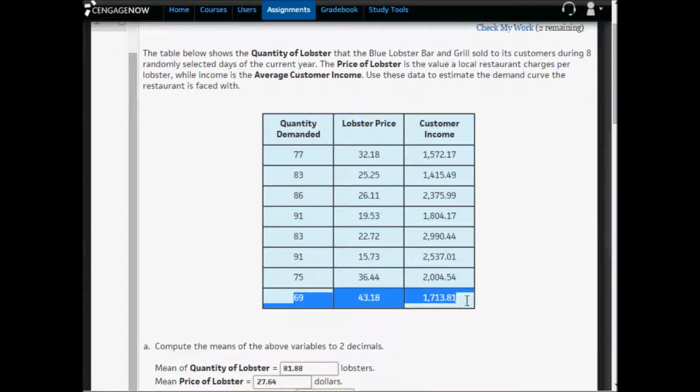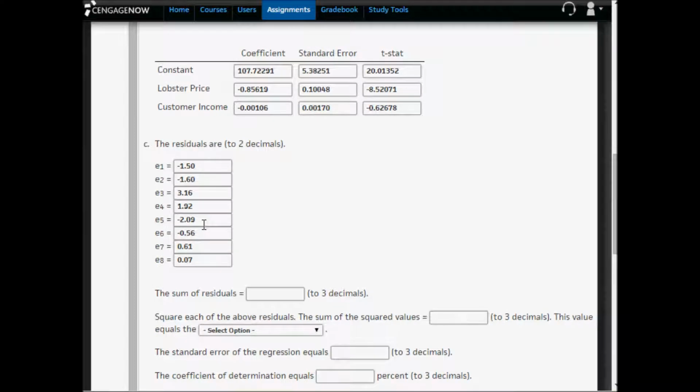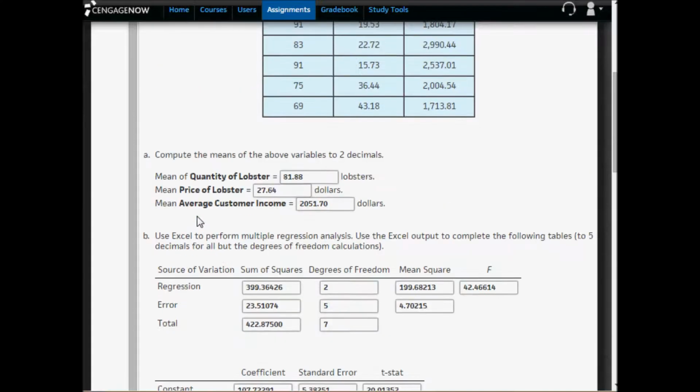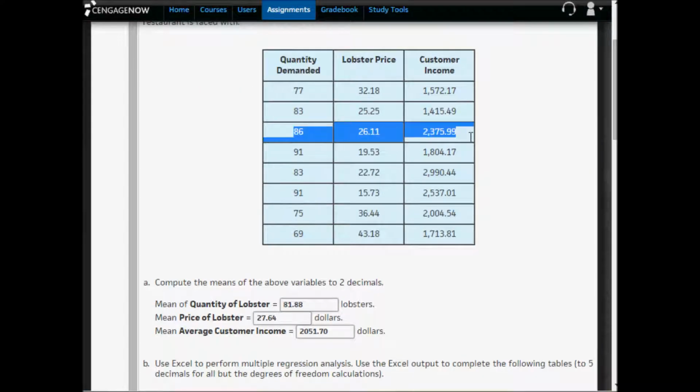So this observation appears to be estimated, quote-unquote, best, where the worst observation is the third one. It has the biggest error. And maybe that's in an affluent area in Maine or Massachusetts.